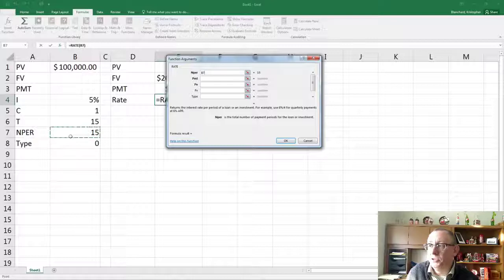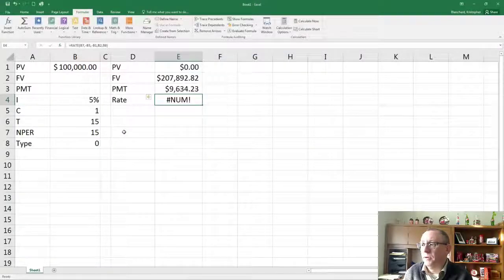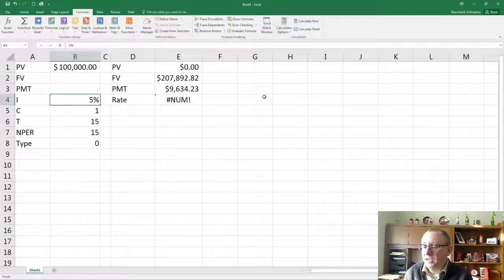You are going to enter your payment as a negative and your present value as a negative. I might have to enter that a little differently, but I'll double check it in a second. Our future value, we just put our future value and our type.